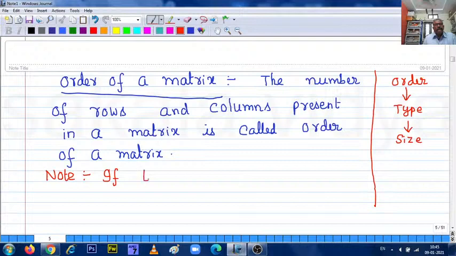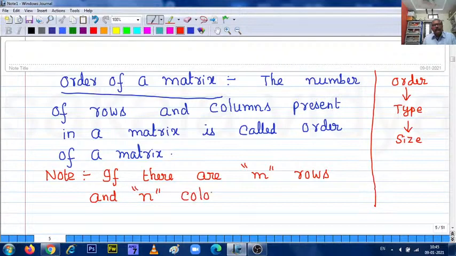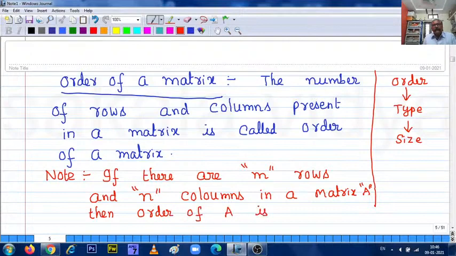If there are m rows and n columns in a matrix A, name of the matrix is A, then the order of A is given by m by n. You need to read it as m by n, but you need to write it with a multiplication mark.